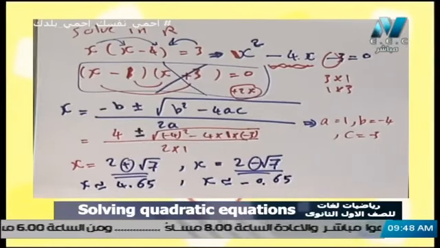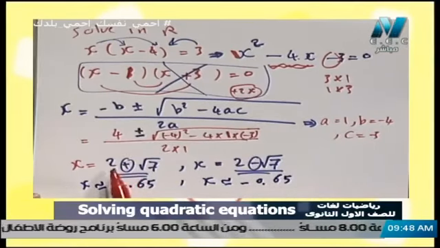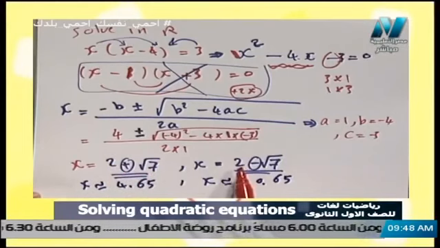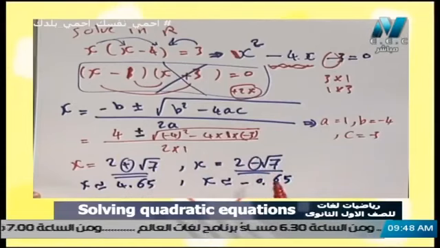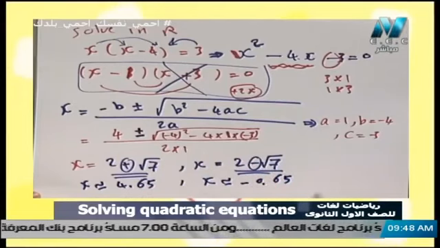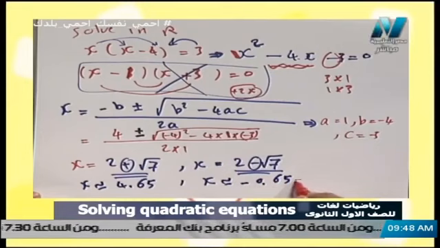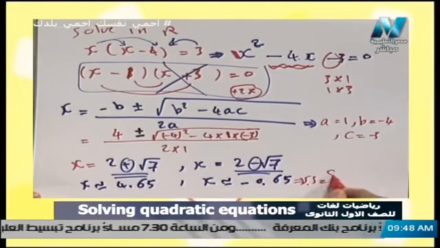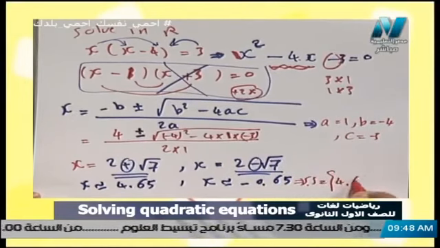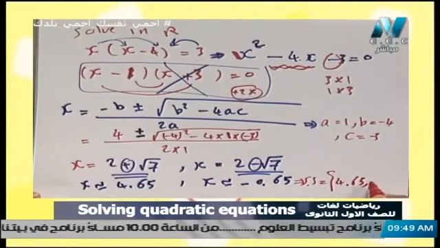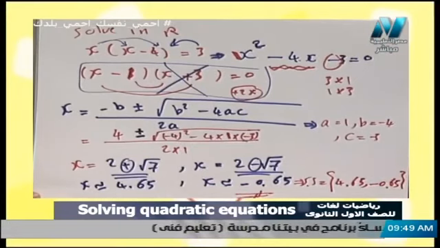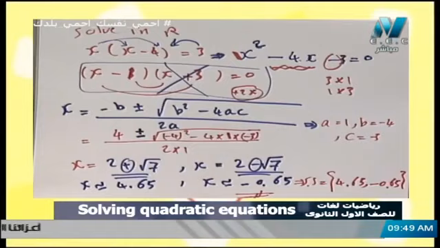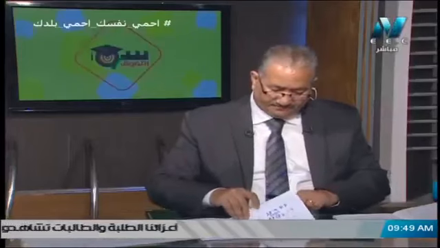So our roots here, 2 plus root 7 and 2 minus root 7, or 4.65 and negative 0.65, and we will find the solution set here are 4.65 and negative 0.65. Okay, so we have the solutions now.